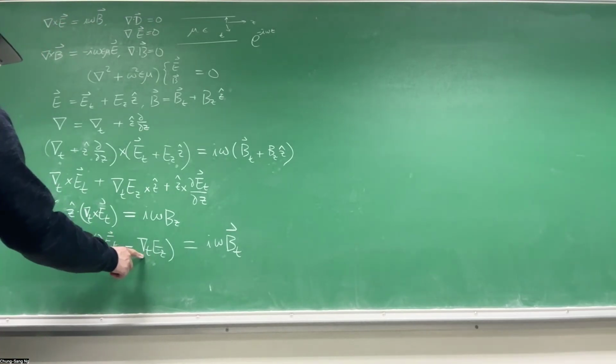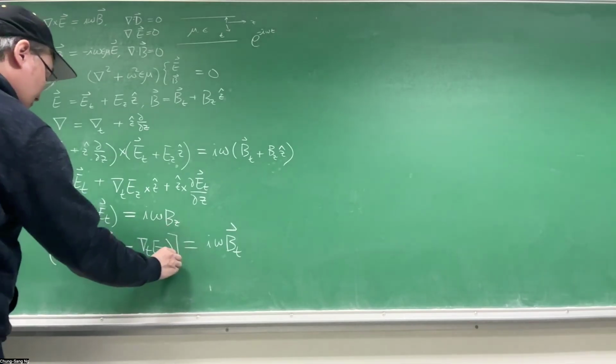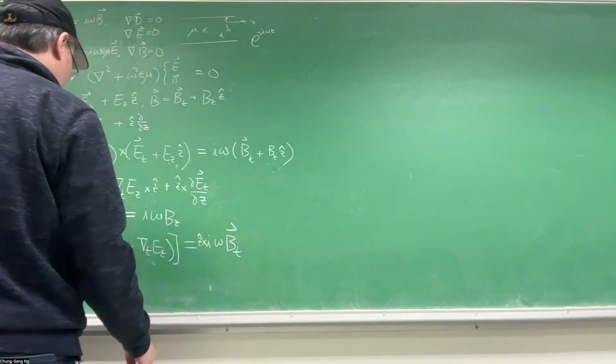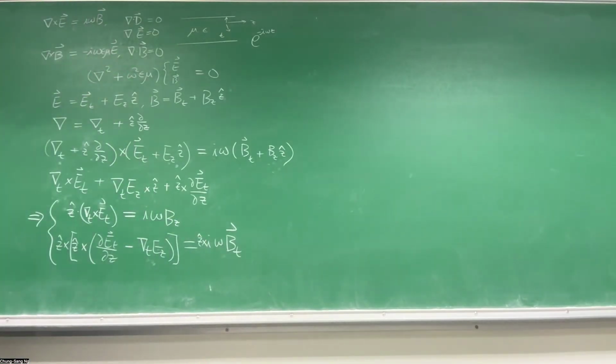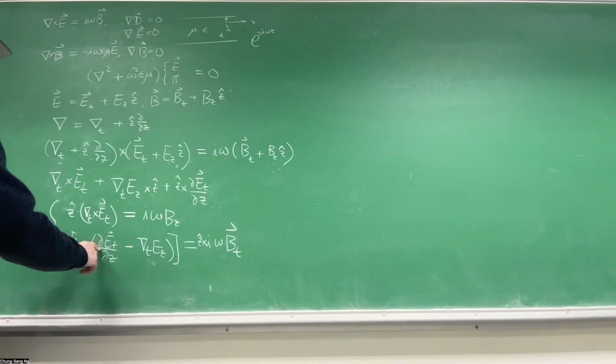So to get rid of that, you can do another cross product. It goes to this becomes z cross into that, right? So when you do another cross product, you use the triple product rule. The one is in the z direction, and then z dot into the rest.